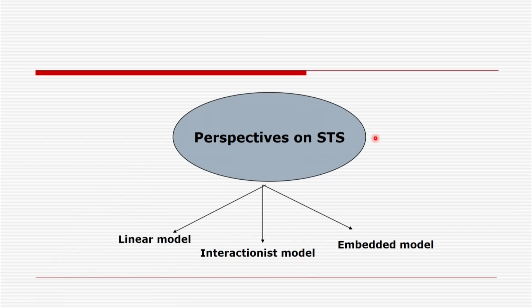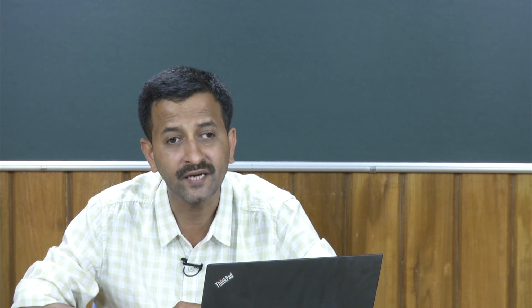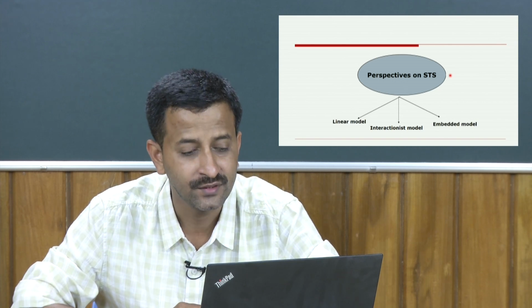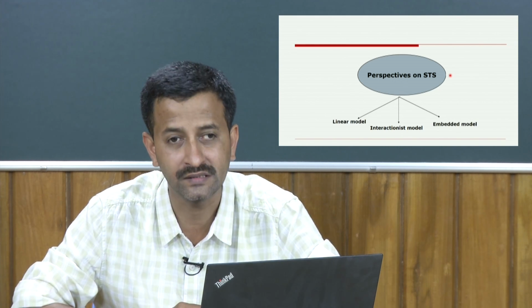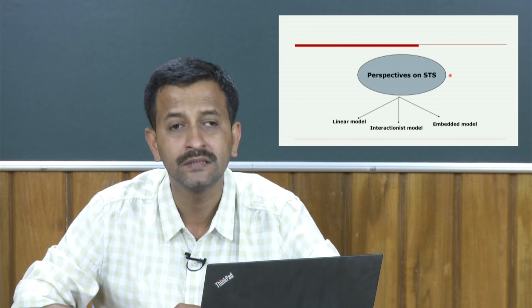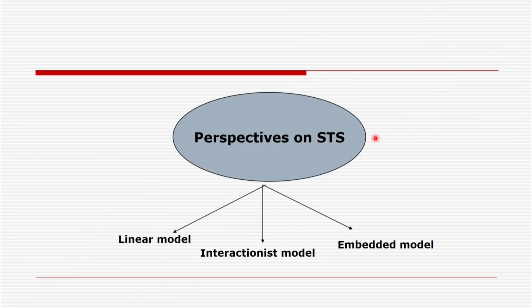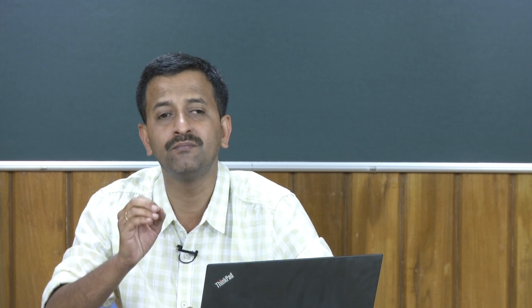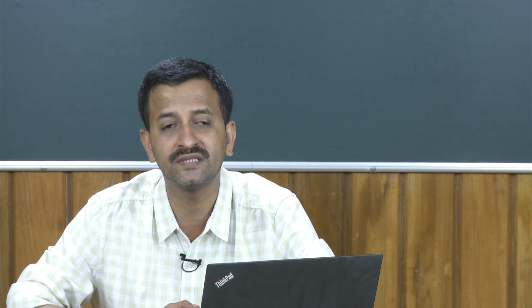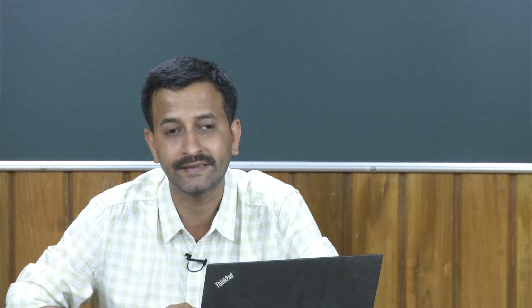It does not imply that there cannot be other perspectives, there may be multiple perspectives at hand. But overall, in the schema of STS, science, technology and society, we are trying to formulate three perspectives or three models. One, the linear model. Two, the interactionist model. Three, the embedded model. Let us see what these three models of the relationship between science, technology and society indicate.